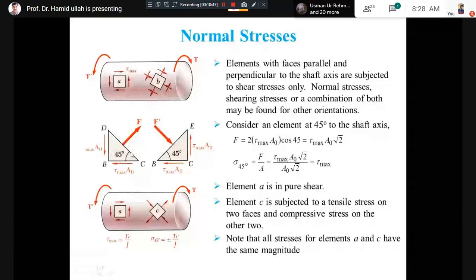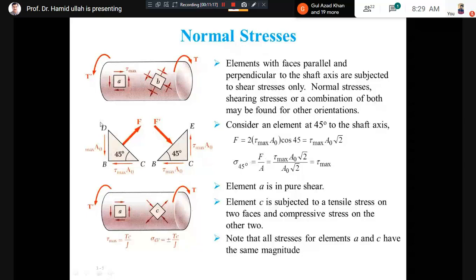Then for sure it will give us normal stress. Normal stress we represent by sigma, which we have already discussed in many classes and tutorials. But this normal stress we are interested in at 45 degrees, so we write sigma 45 degree, equal to the normal force acting on the diagonal plane divided by A, the area of this diagonal plane.